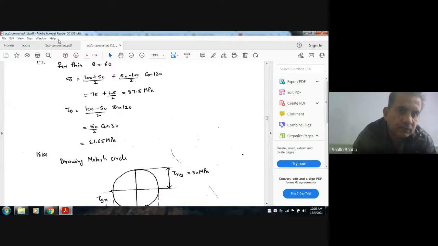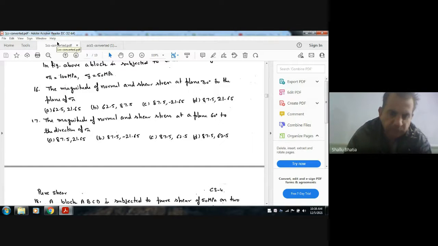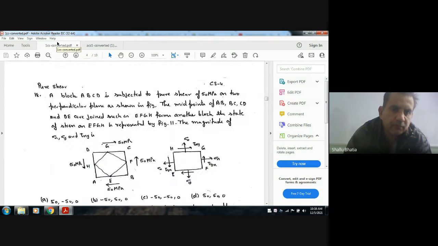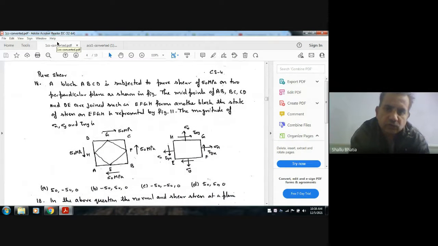Next question is of pure shear. A block ABCD is subjected to pure shear of 50 MPa on two perpendicular planes as shown in the figure. The midpoints of AB, BC, CD and DA are joined such that EFGH forms another block. The state of stress on EFGH is represented by figure 2. The magnitude of sigma x, sigma y and tau xy is?